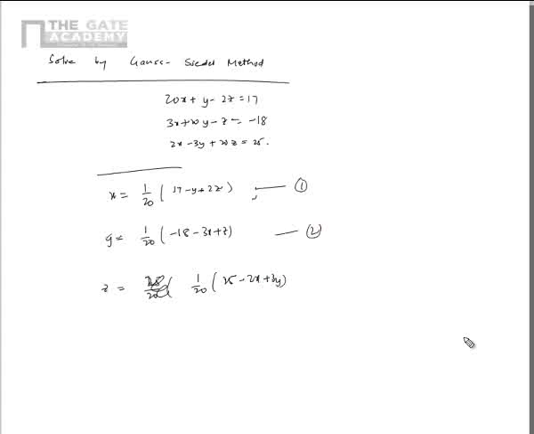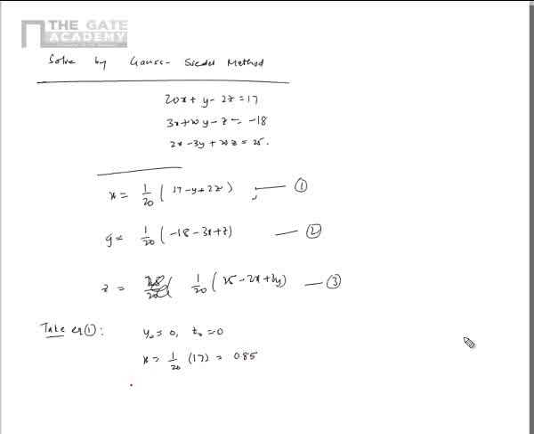Let me call this 2 and this 3. So we have three equations to solve. We initially start with equation 1 and substitute y0 is 0 and z0 is 0. Then we get x as 1 by 20 into 17, which is 0.85.